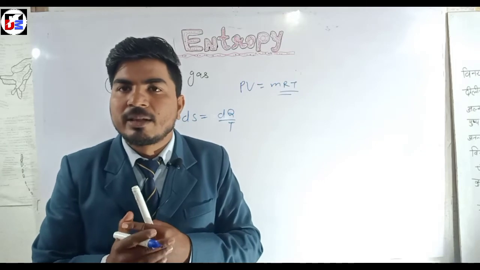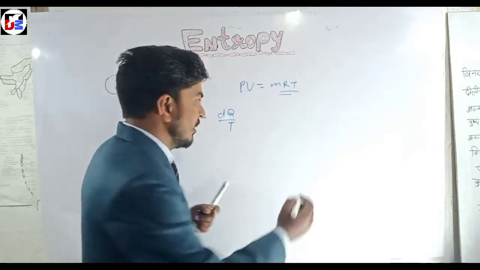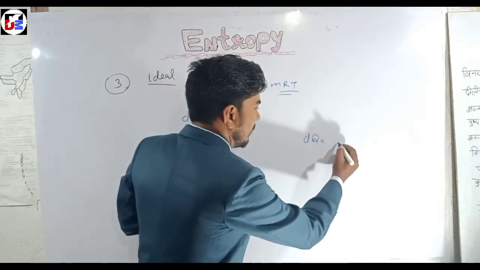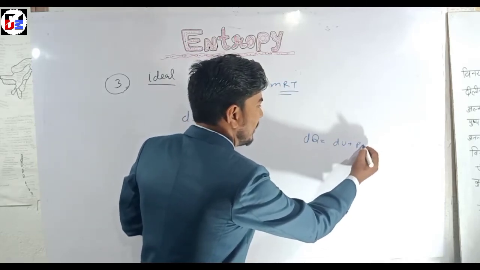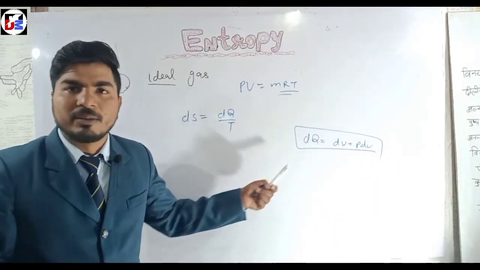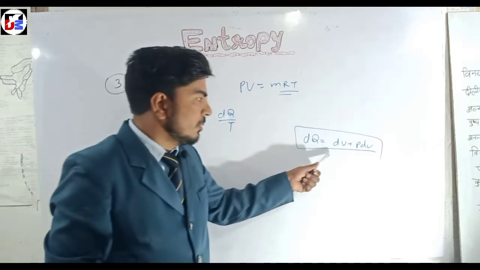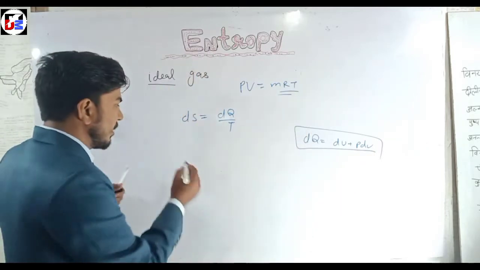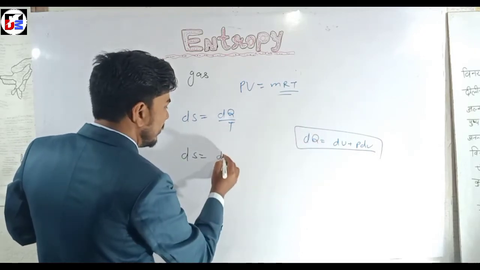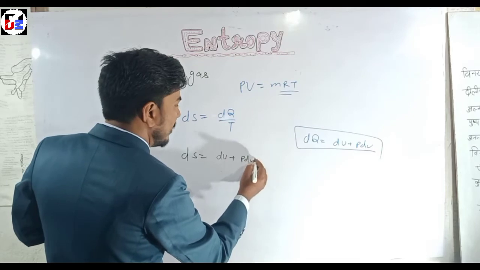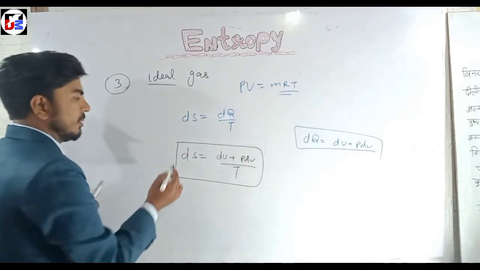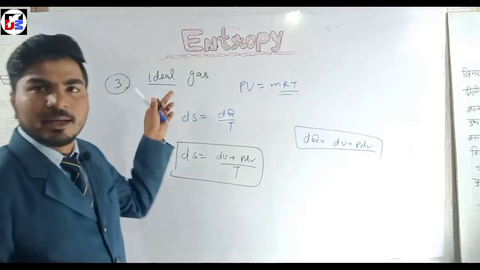The first law says that for the reversible case, dQ is equal to dU plus p dV. You can write dS is equal to dQ, putting the value from this equation, dU plus p dV upon T. This is the generalized form of entropy change calculation in the ideal gas.